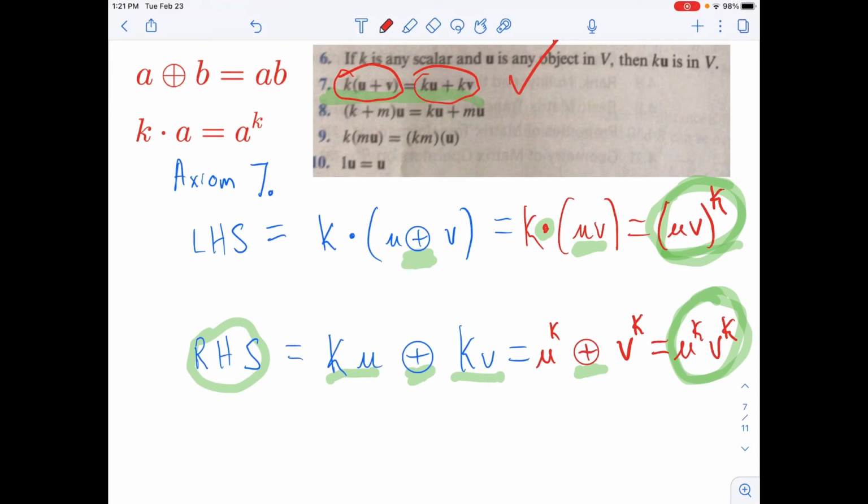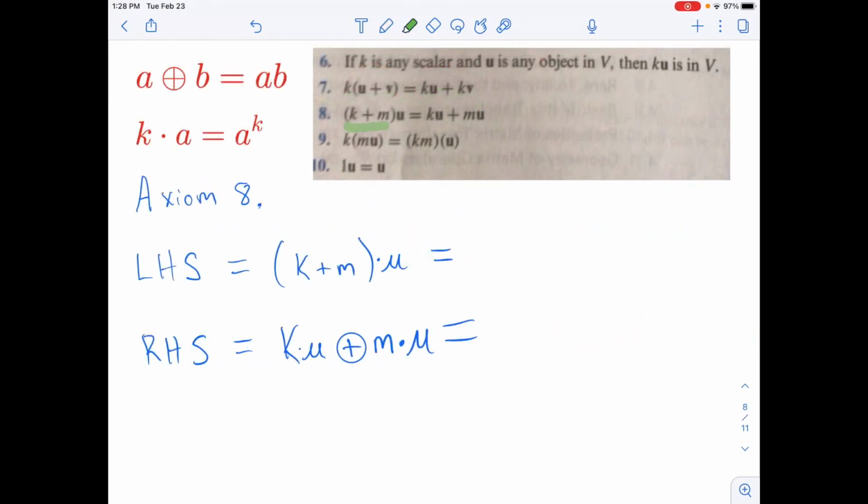So now on to axiom 8. The left-hand side of axiom 8 has, in brackets, a scalar. So the plus in that bracket is the usual real number addition. It's not the vector space addition. The real number k plus m is scalar multiplied by the vector u, which means the real number u is raised to the exponent k plus m. So that's the left-hand side of axiom 8 for this definition of plus and scalar multiplication.